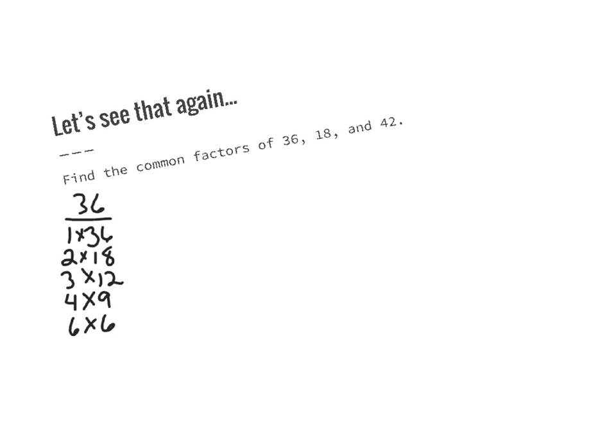So I'm going through a little bit faster this time just because I can. And there's 18. Well, 1 times 18, 2 times 9, 3 times 6. 4 will not work, nor will 5, and 6 would be my repeat.